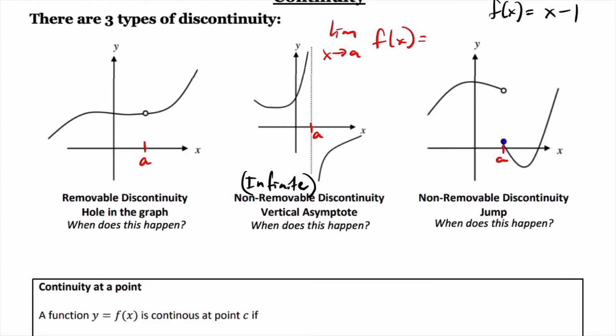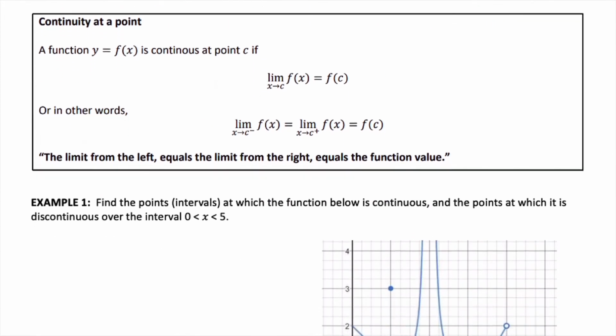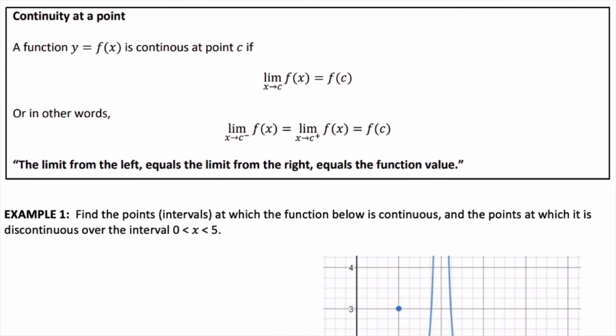All right. So what is the definition of continuity then? The elementary, low-level definition of continuity is: if I was drawing a graph, would I have to pick up my pencil?